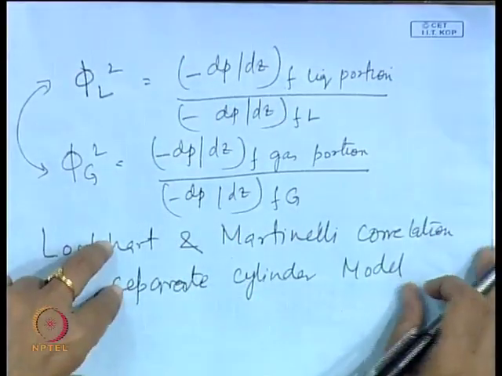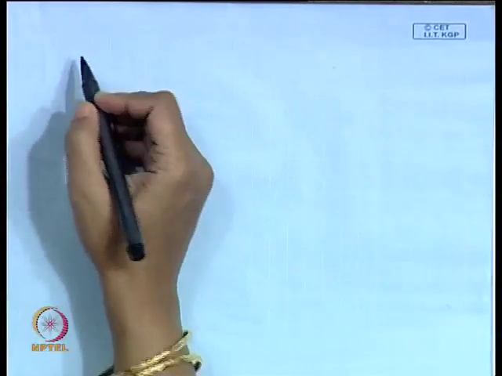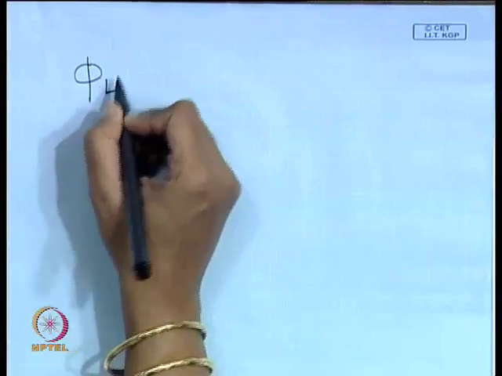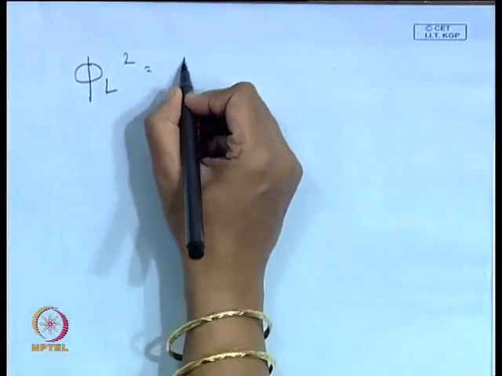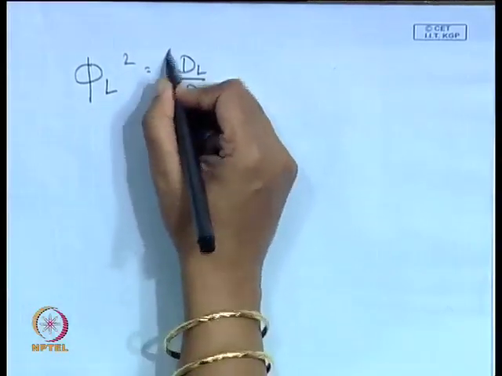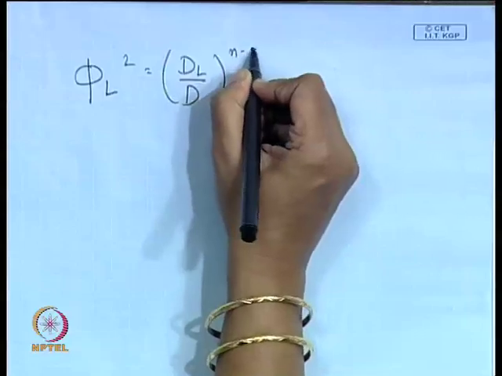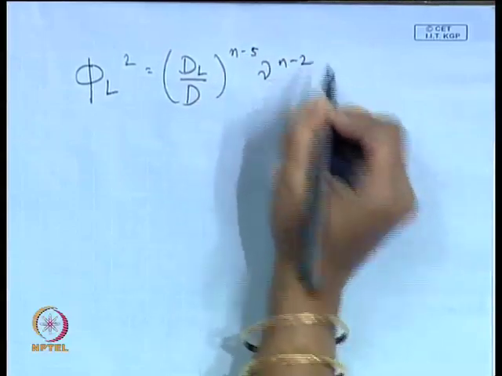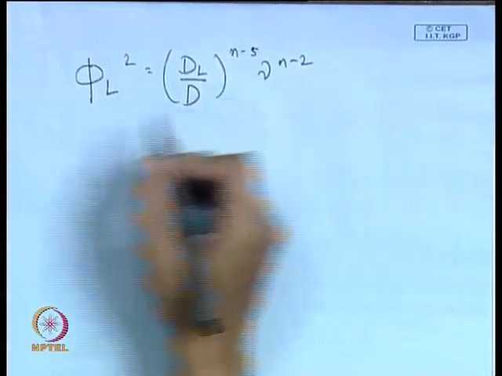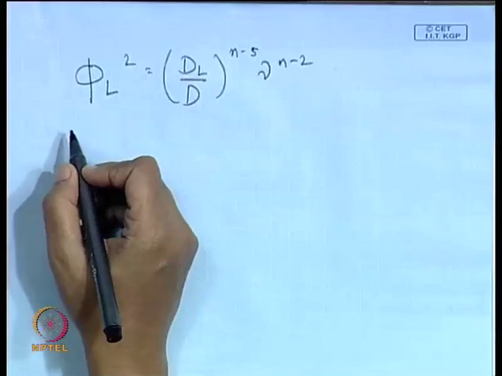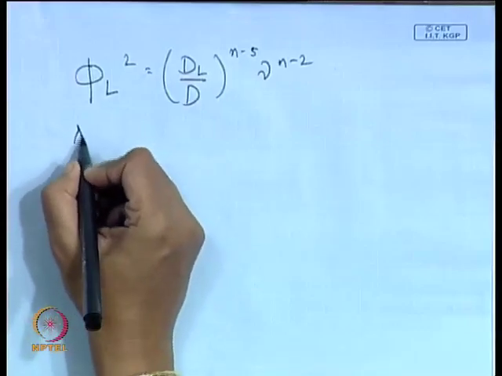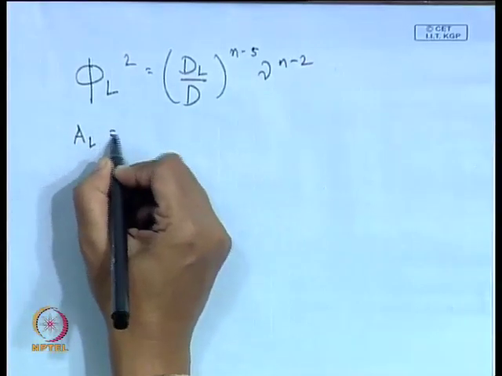Now, if we consider this particular phi L square here, what do we get? This was d L by d whole to the power n minus 5, gamma r whole to the power n minus 2. Okay. Now, in this particular case, what is A L?